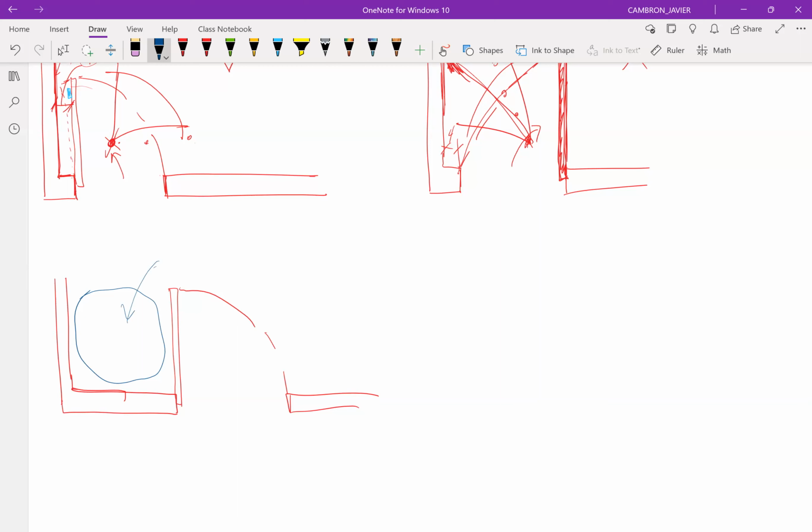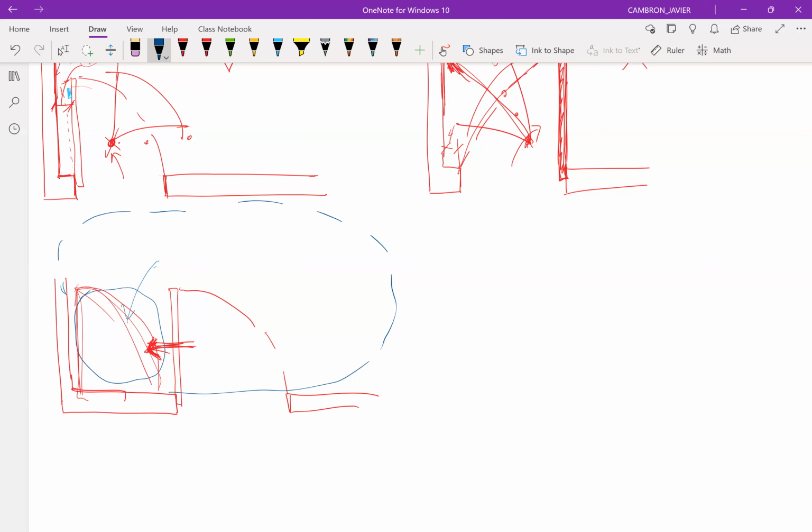If we move that door over closer to the wall, then it'll make the space look a lot larger, and we don't have any wasted space.